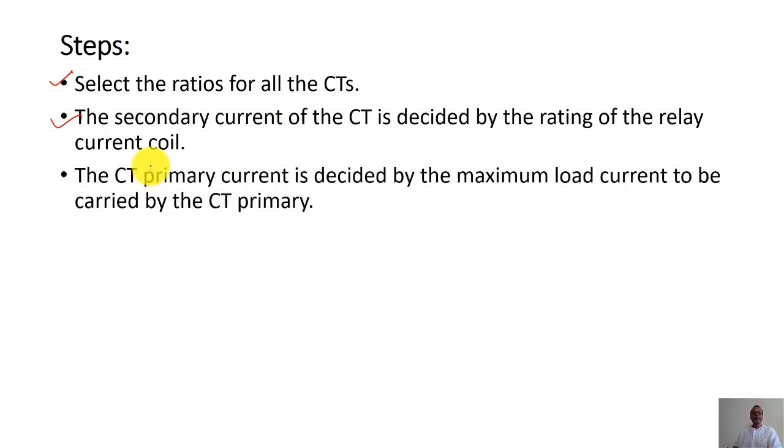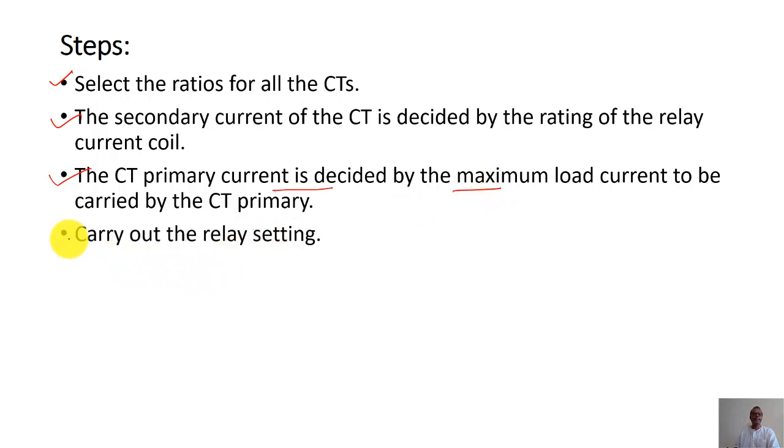And the third step is that the CT primary current is decided by the maximum load current to be carried by the CT primary. So the CT primary current will depend upon the maximum load current we have.